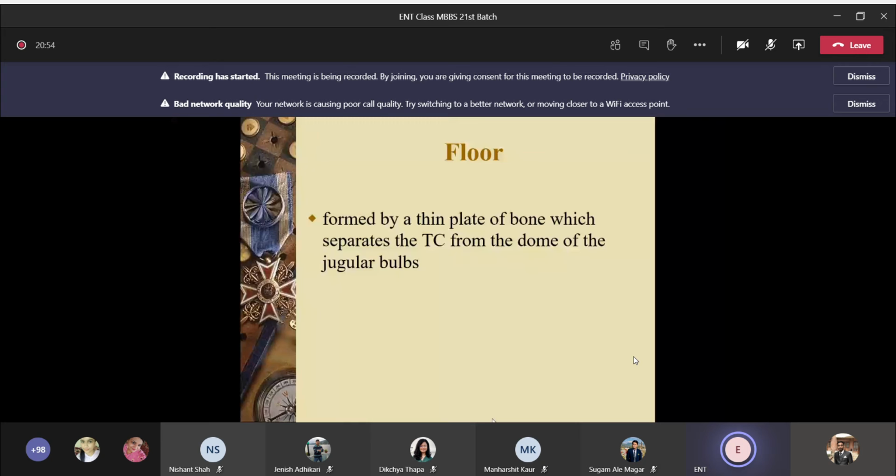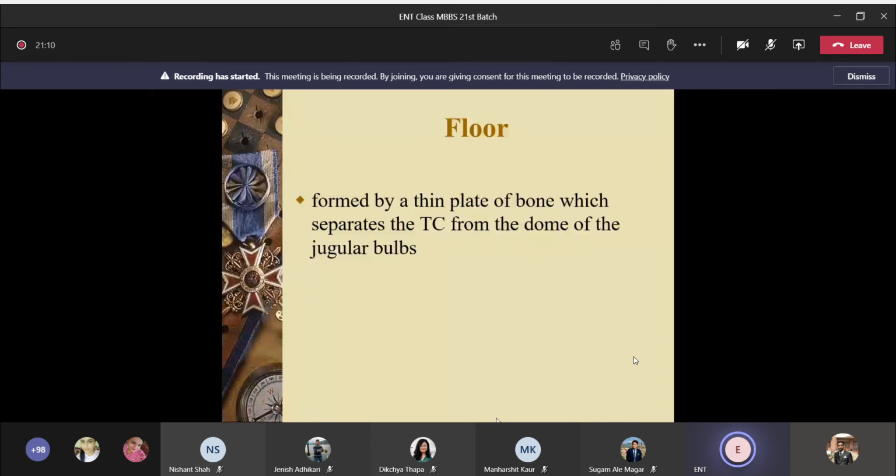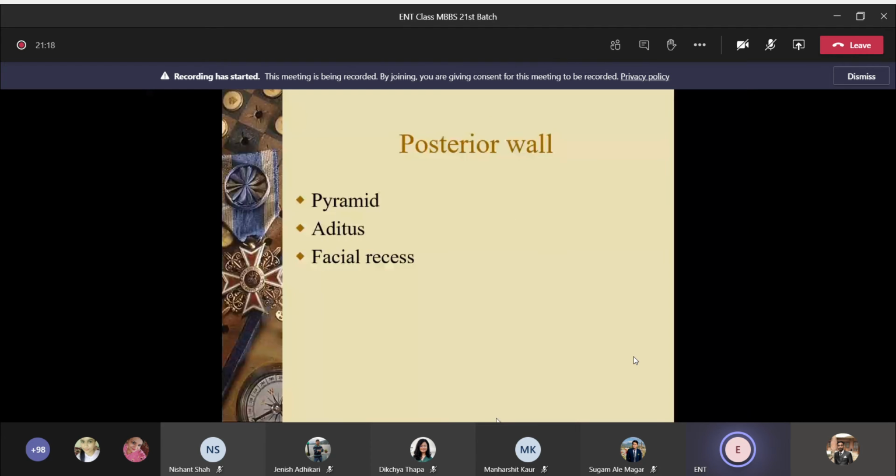And in the posterior wall, there are three things: the pyramid, the aditus, which is continuous with the attic and joins the attic and the mastoid antrum, and in the lower part the facial recess. The facial recess is bounded by the facial nerve, the chorda tympani nerve, and the pyramid.